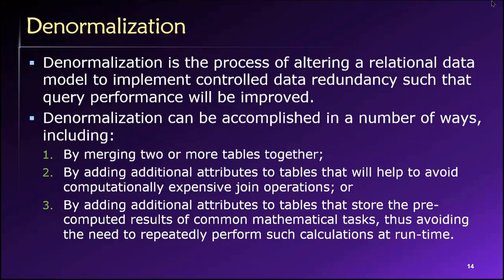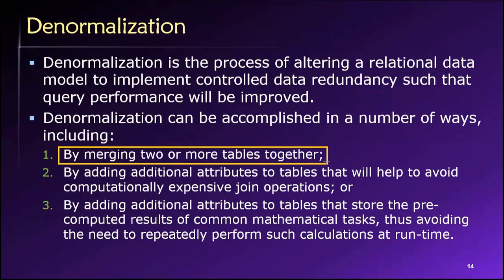So, since with normalization, our one tool is to split tables apart, it makes sense then that one of our tools for denormalization is to merge tables together. And this is okay under certain circumstances, but we should not look upon this as the only strategy that's available to us.